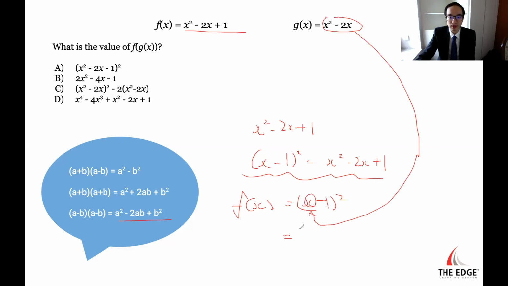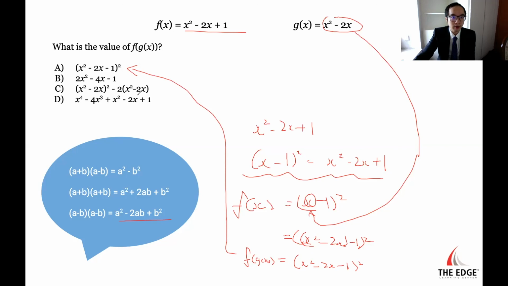So we get x squared minus 2x, minus 1, all squared. We remove that bracket, and we get x squared minus 2x minus 1 squared. We can see that this expression is a match for answer A. So that's our answer.